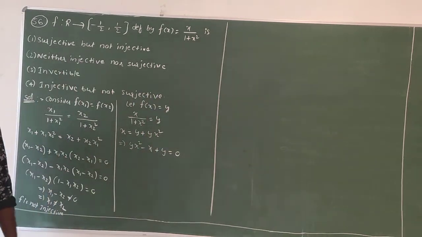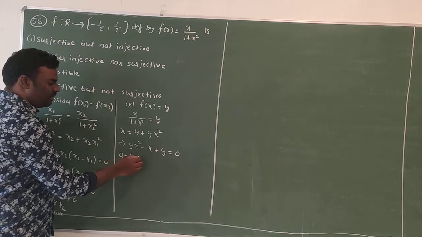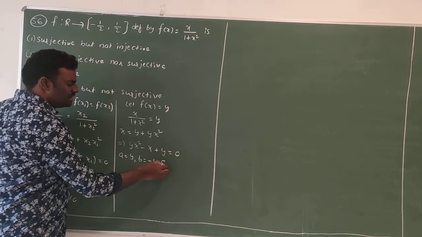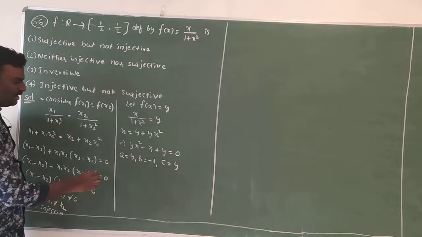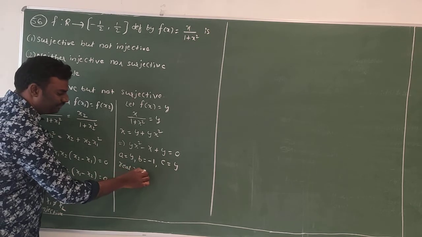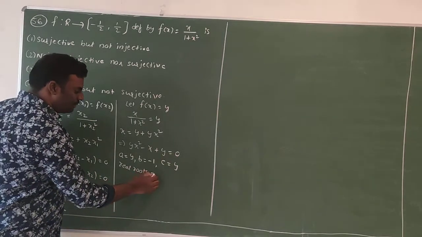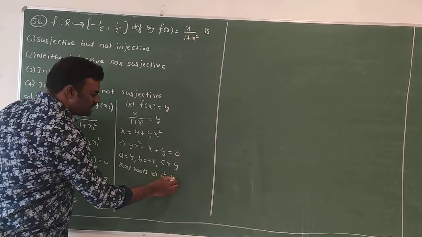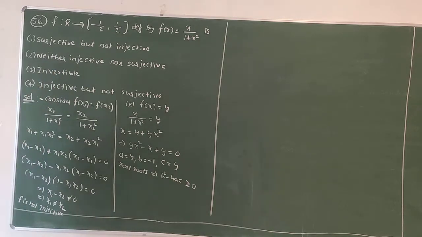It is a quadratic equation. From this equation, the a value is y, b value is −1, c value is also y. But we require the roots to be real and distinct. That implies b² − 4ac is greater than or equal to 0.